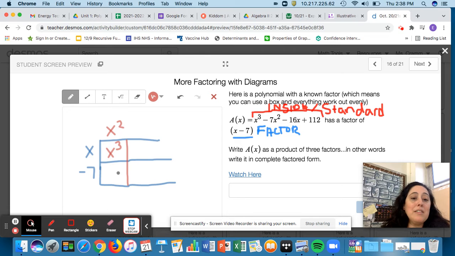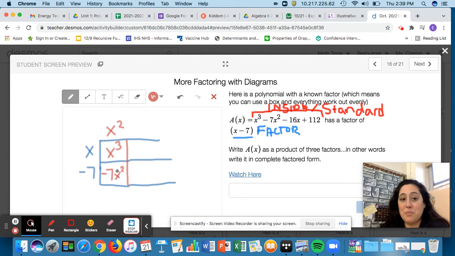All right, so now that I know that this is part of the other factor, I can say, all right, x squared times negative 7. I know that this is negative 7x squared. So I look over here, and this is negative 7x squared. What do I need to add or subtract to that to make these match, right? And the answer is they already do.